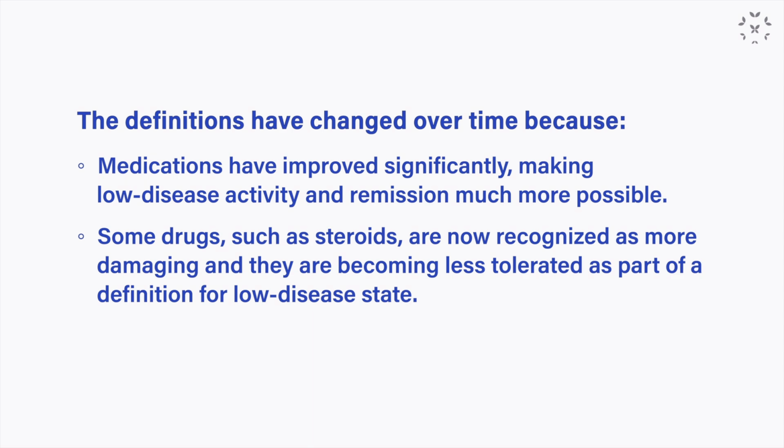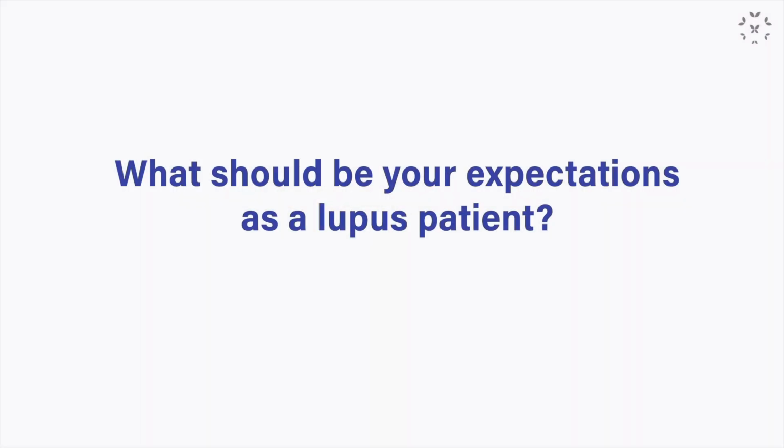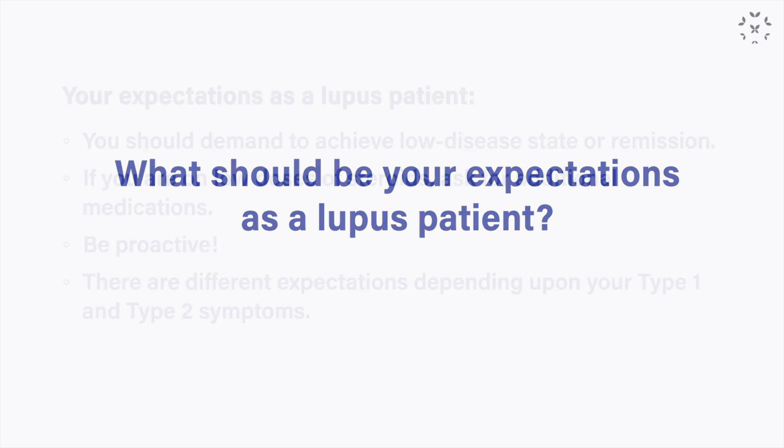So the definitions of remission and low disease activity are decreasing their recommendations for how much steroid should be used, and those definitions are going to change very soon because of the problem that steroids cause with organ damage.